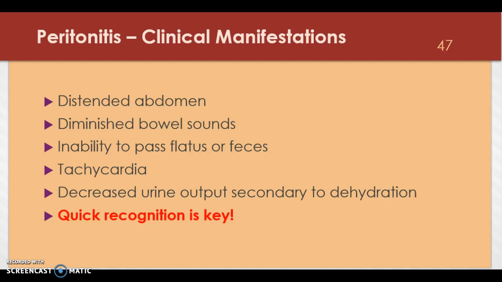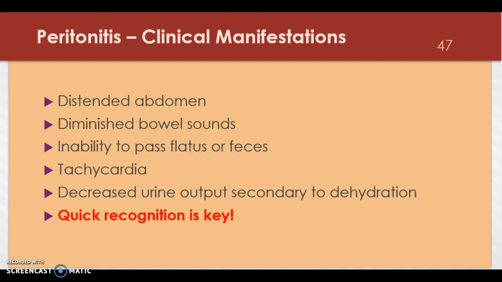There will be an inability to pass gas or feces. Patients get tachycardic because they're losing fluids and developing infection. They also may have decreased urine output because they're getting internally dehydrated, because the fluid that is getting out of the GI system and into the intestinal wall is not really being taken up.